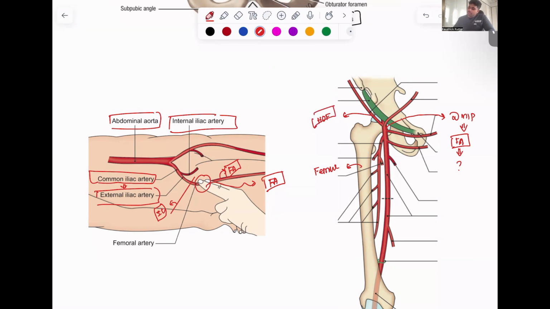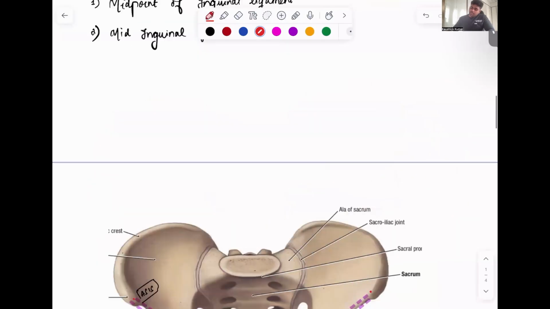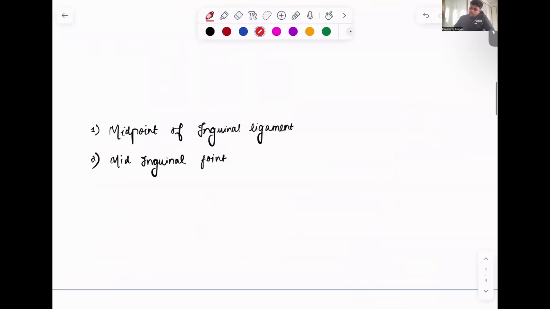So we are palpating for femoral artery pulsation at mid-inguinal point against head of femur. So one of the clinical significances of knowing mid-inguinal point is we can feel for femoral artery pulsation against head of femur.